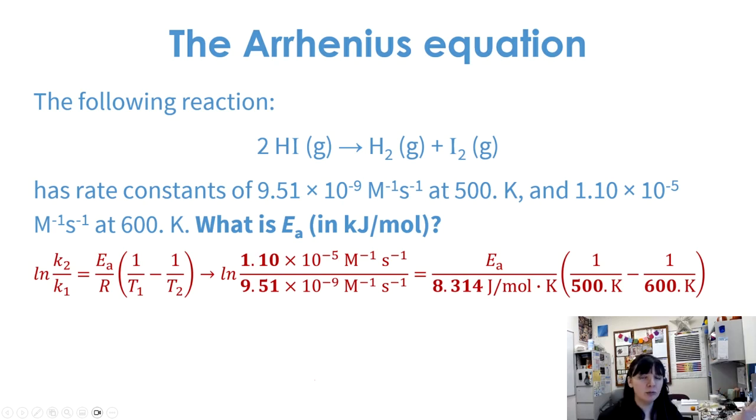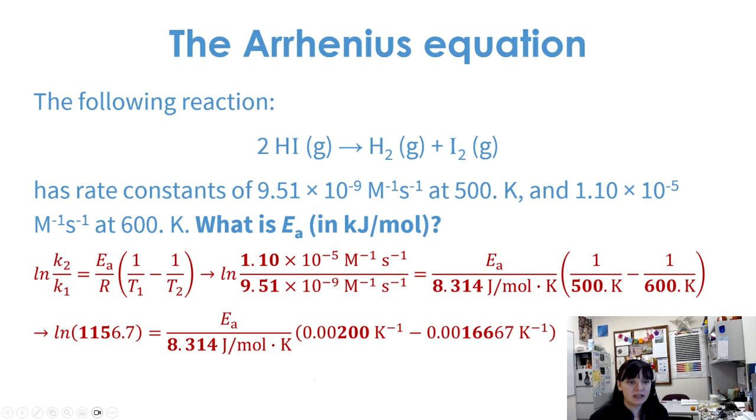Now I'm going to walk through the math step by step. Usually I don't like taking equations like this and trying to solve them all in one go. I try to break it down into little pieces. So first, I might solve for this fraction of k2 over k1. I find that that piece alone equates to 1,156.7.